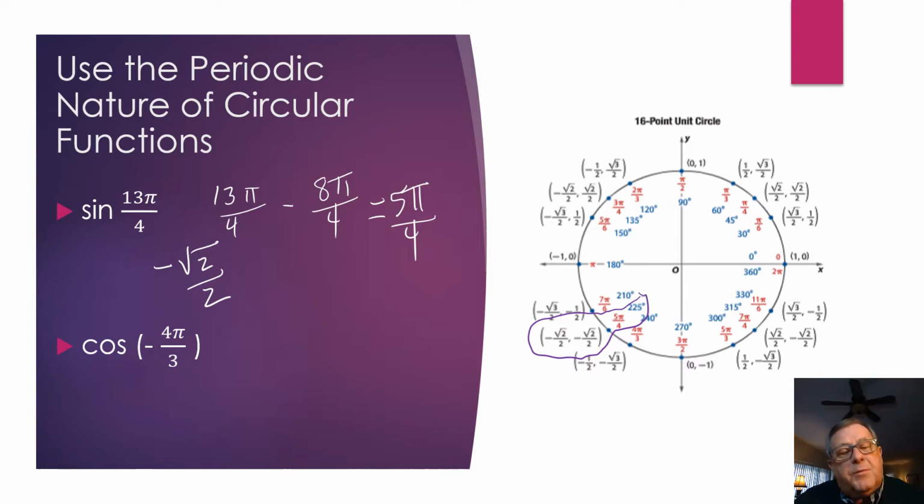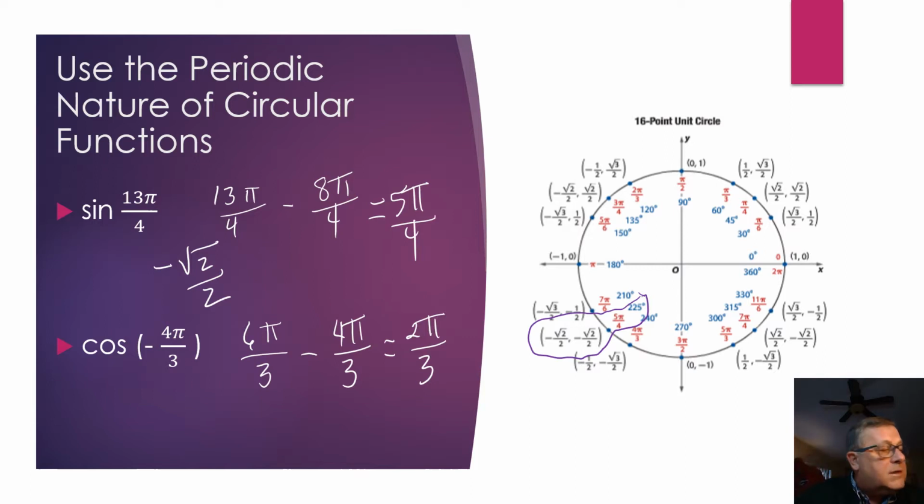If I express 2 pi in terms of something over 3, that would be 6 pi over 3, and I'm going to subtract from it 4 pi over 3 and see where I end up. That would put me at 2 pi over 3.